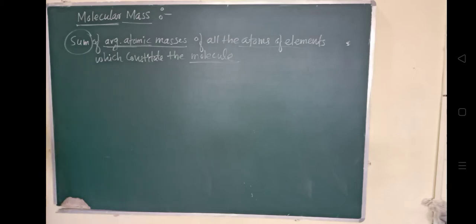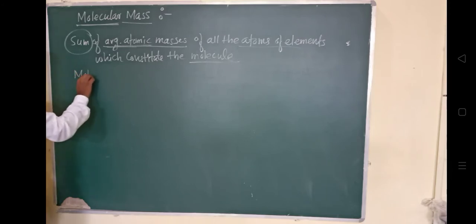So that is also calculated in terms of the mass of a carbon-12 atom. So we can now write, for example, the molecular mass of carbon dioxide. Suppose we want to find out the molecular mass of carbon dioxide.